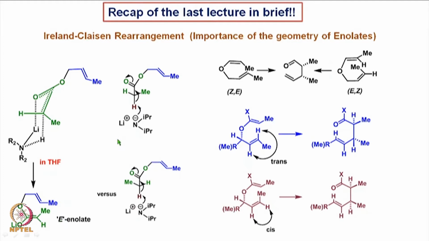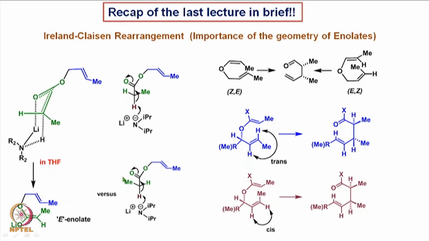But in the THF-HMPA combination, this chelation is not possible because the HMPA removes this chelation, and then the deprotonation of this starting material occurs in such a fashion that the large group, the methyl group here in this particular case, is away from this large group. So this arrangement here is not feasible for the deprotonation because methyl and the large group are on the same side.